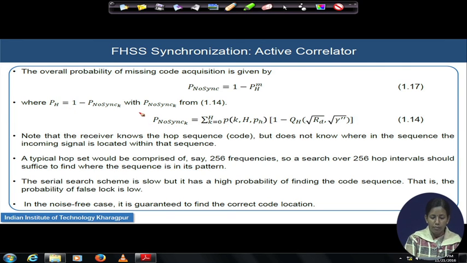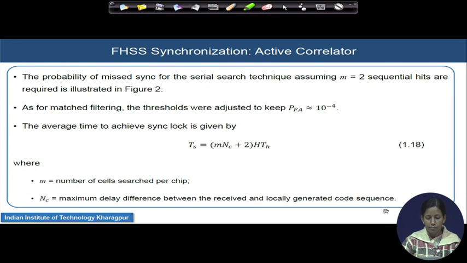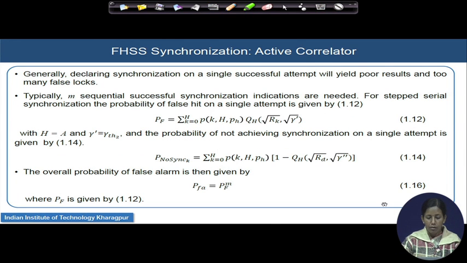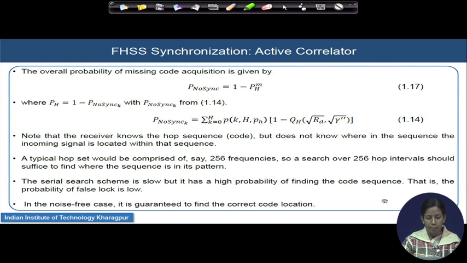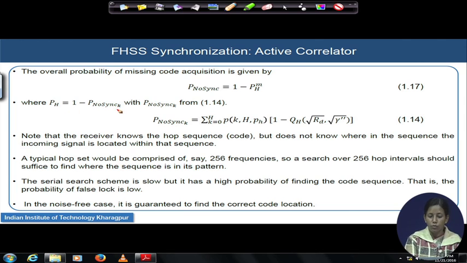So if I am having this expression given to us, where this p of no sync, I mean the misdetection, will be given by this expression, then overall misdetection I will be able to get by 1 minus p of h whole to the power small m.